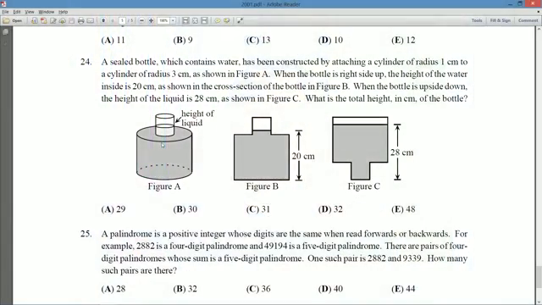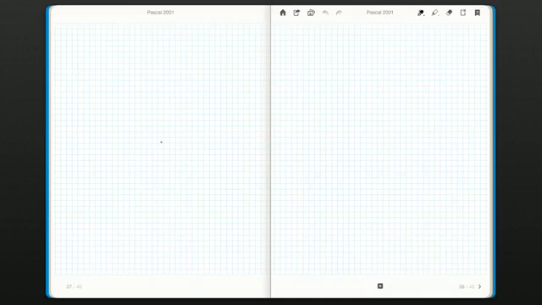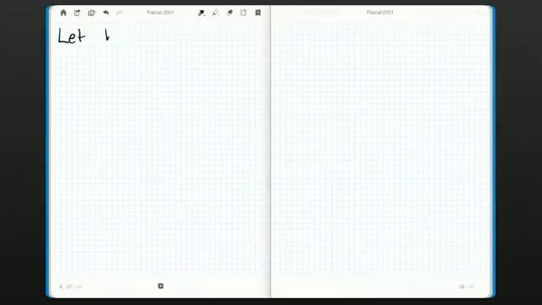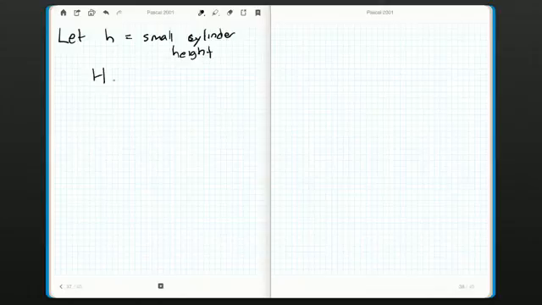Okay, so let's go to the notepad and see what we can work out here. So we're going to let little h be the small cylinder height and capital H be the big cylinder height.